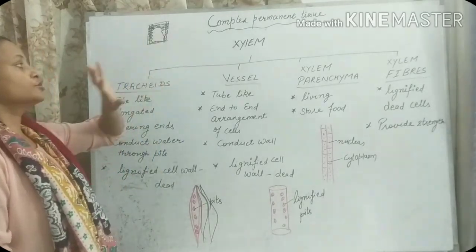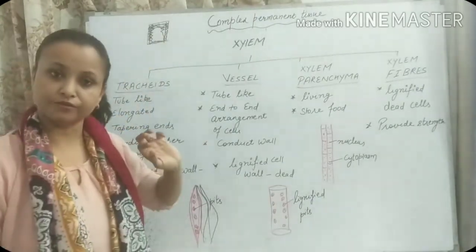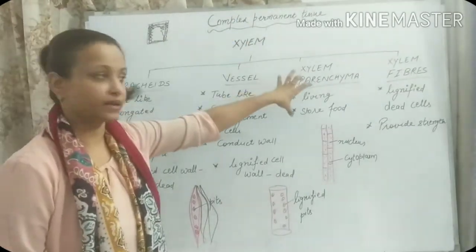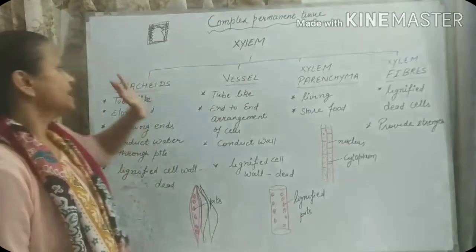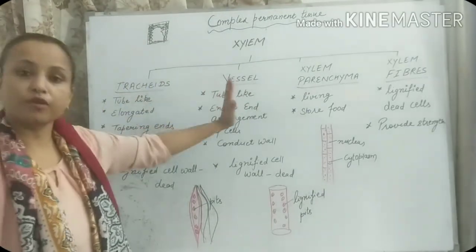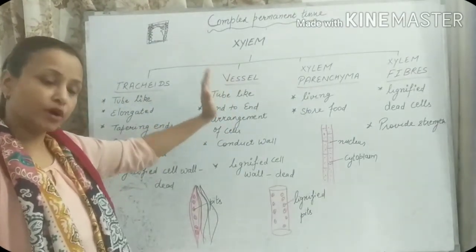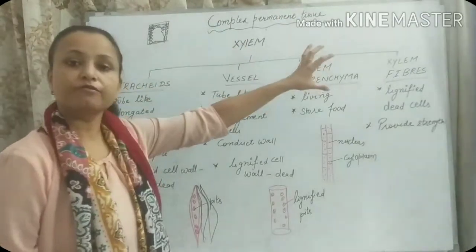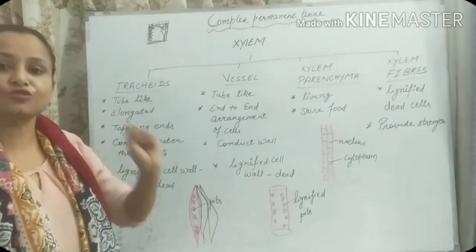And the xylem tissue consists of 4 different kinds of cells: tracheates, vessels, xylem parenchyma and xylem fibers. Tracheates and vessels are involved in conducting water. Xylem parenchyma stores food, and xylem fiber provides mechanical strength.